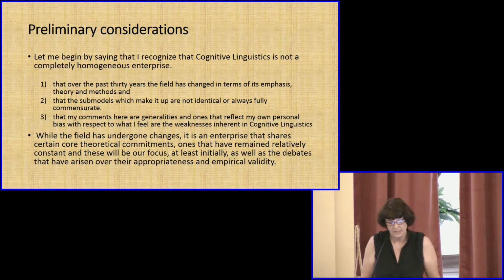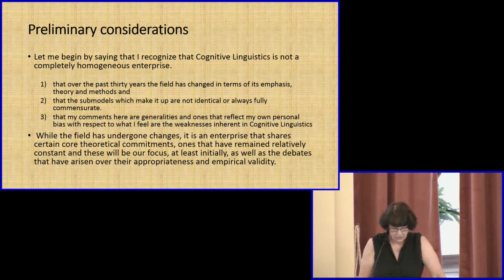Let me begin by saying that I recognize that cognitive linguistics is not a completely homogeneous enterprise, that over the past 30 years the field has changed in terms of its emphasis, theory, and methods, and that the submodels which make it up are not identical or always fully commensurate. My comments here are generalities and ones that reflect my own personal bias with respect to what I feel are the weaknesses inherent in cognitive linguistics.